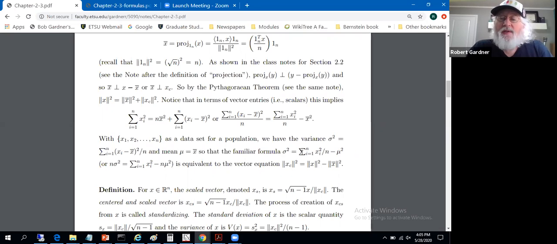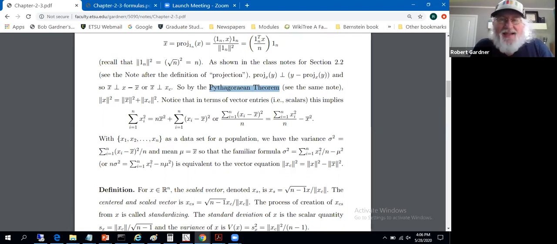But here's a formula that expresses the variance in terms of some of the other parameters, the mean and the data points squared divided by n, summed up. And remember, this is equivalent to, not that the pieces correspond precisely, that vector equation given here, which ultimately results from the Pythagorean theorem.